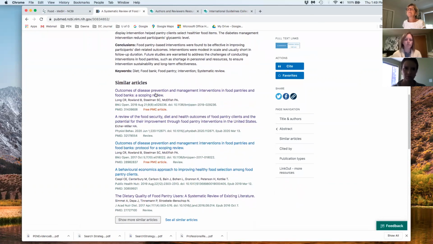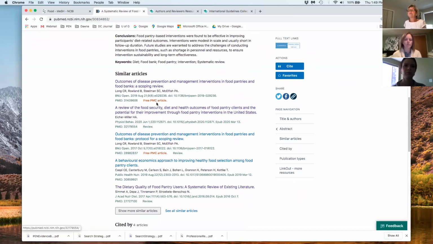And outcomes of a disease prevention and management interventions, a scoping review, a review of food security, diet, and health outcomes of food pantry clients. So there's some possibilities there.